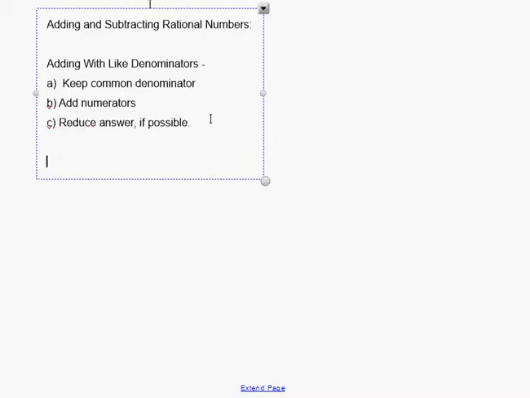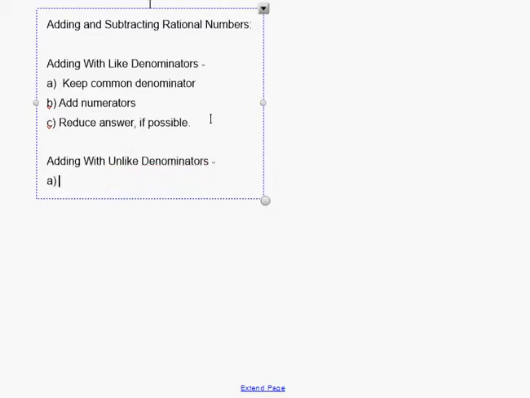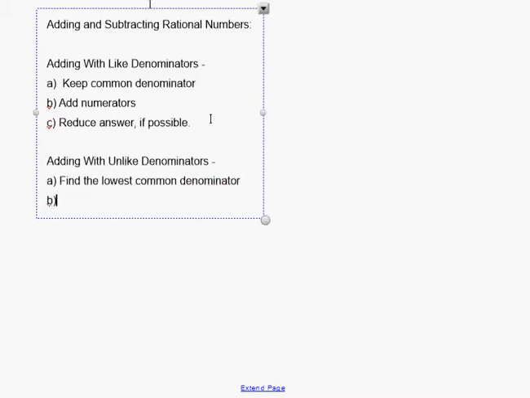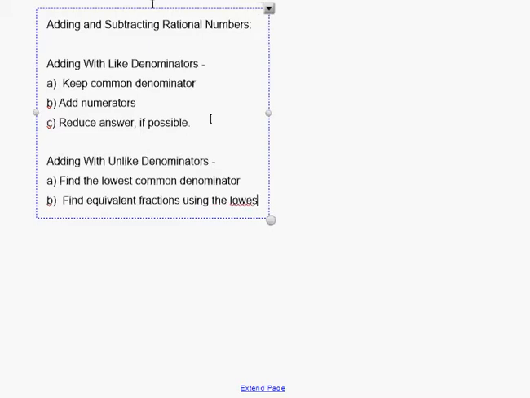But if we are adding with unlike denominators, we have to find the lowest common denominator. Then we find equivalent fractions using the lowest common denominator.